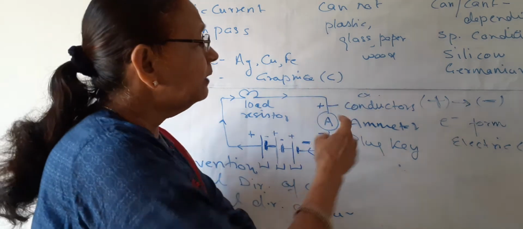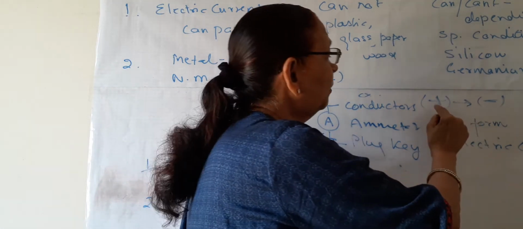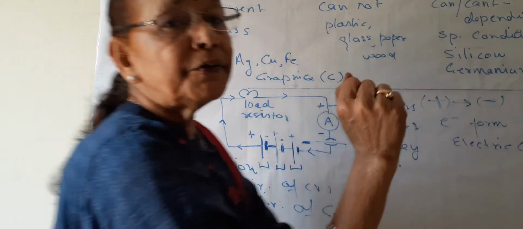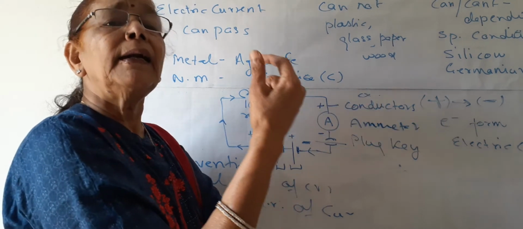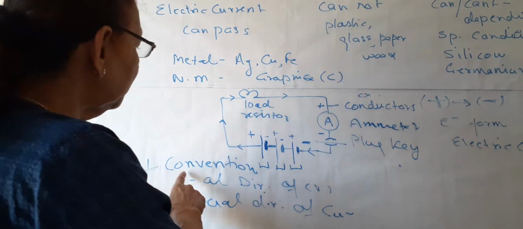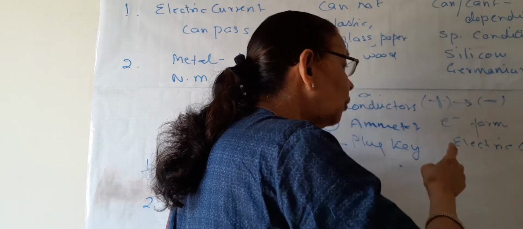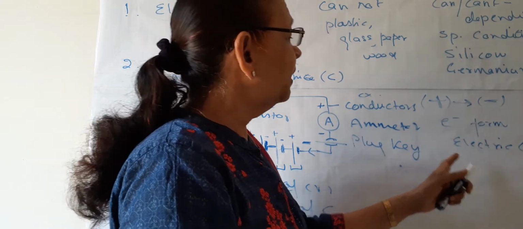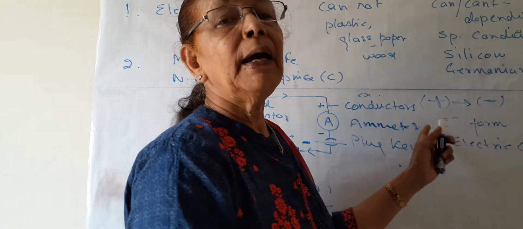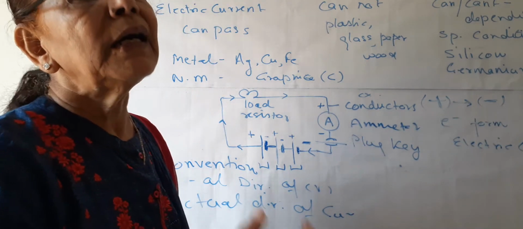So they gave this, that current is due to the flow from positive to negative terminal, but it has not been rectified till today, and still we are using the conventional direction from positive to negative, though we know that the actual direction of the current is from negative to positive as electrons move to form the electric current.